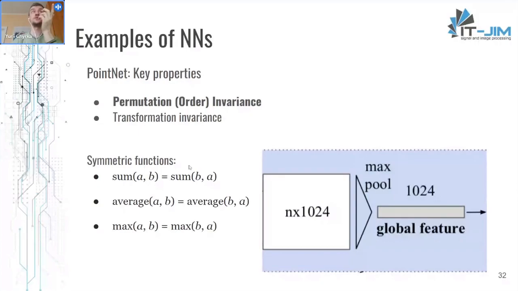As we know, these functions do not depend on the order of their parameters, and it is quite useful to use a max pooling layer, which does its job for this property. So simple max pooling allows us to achieve this order invariance, and in PointNet it is done before calculation of our global feature.